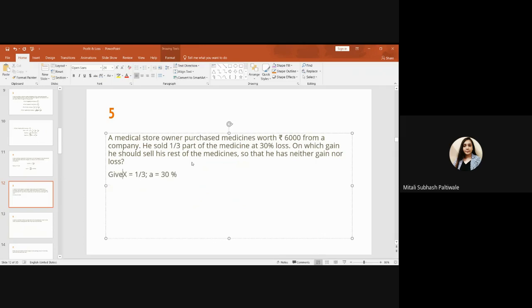Is given. Okay, now let's see one more thing wherein he needs to get neither gain nor loss. So, required gain or loss percentage is equal to, here is the formula.